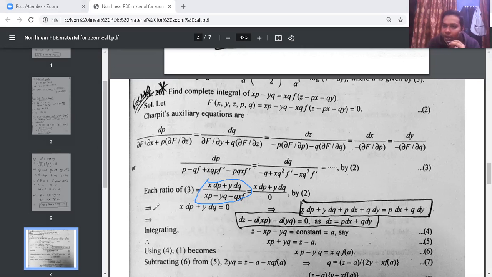So in a difficult question where you are finding a little difficulty to make pairs, always look for this x dp plus y dq. There are many questions of this form.